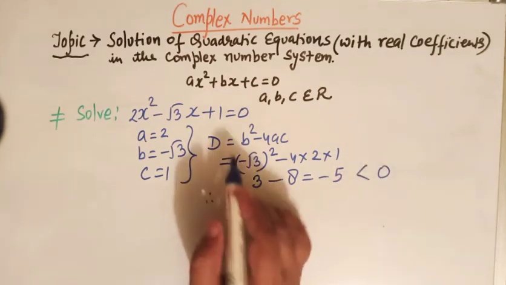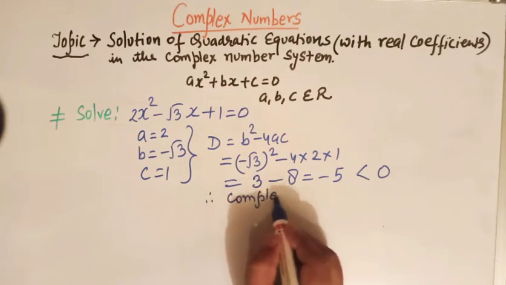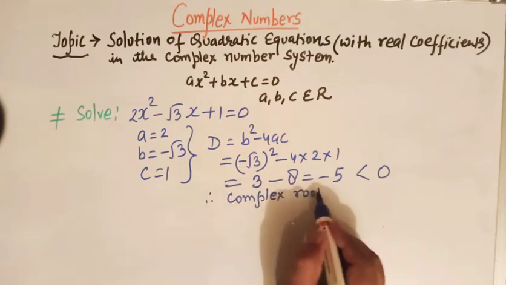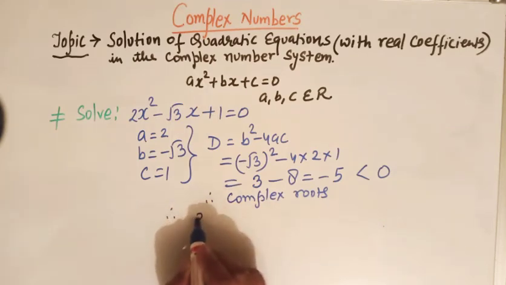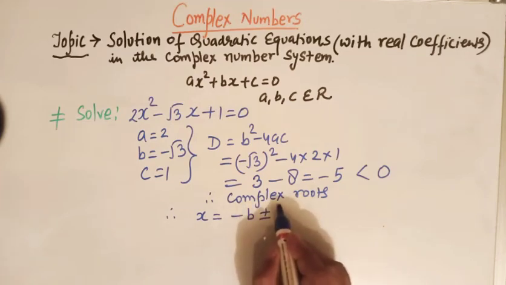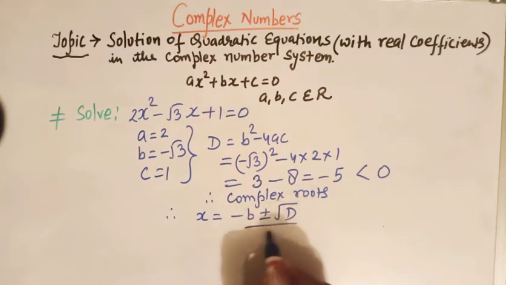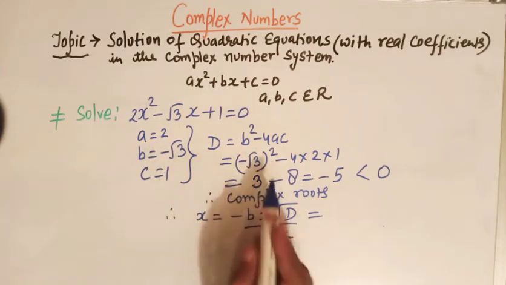So therefore this quadratic equation has complex roots or imaginary roots. So the roots are given by the quadratic formula, that is minus b plus minus square root of D divided by 2a. So we substitute the values here.